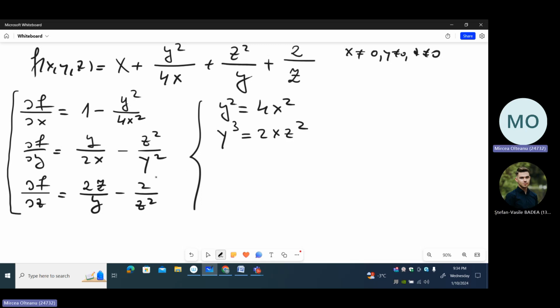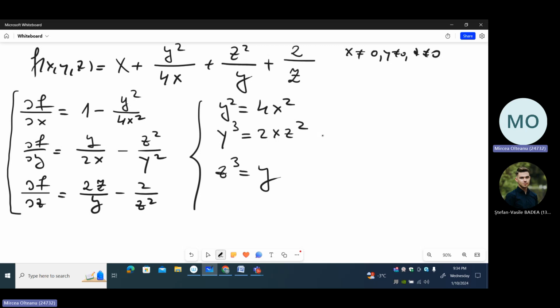And from the last equation, we get that z to the 3 equals y. Please check if you got the same results. Okay, and now we need to solve this system.